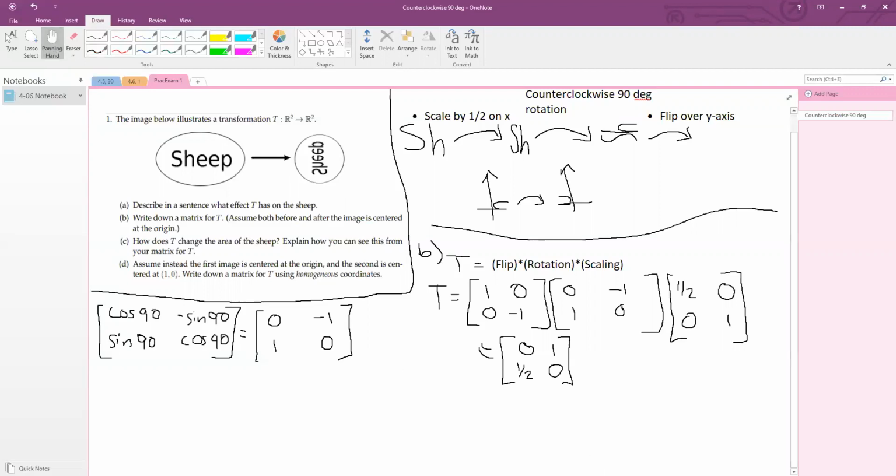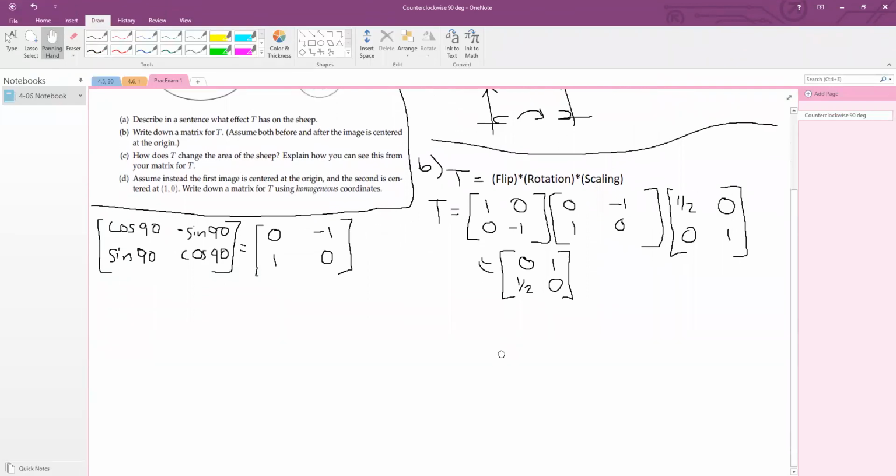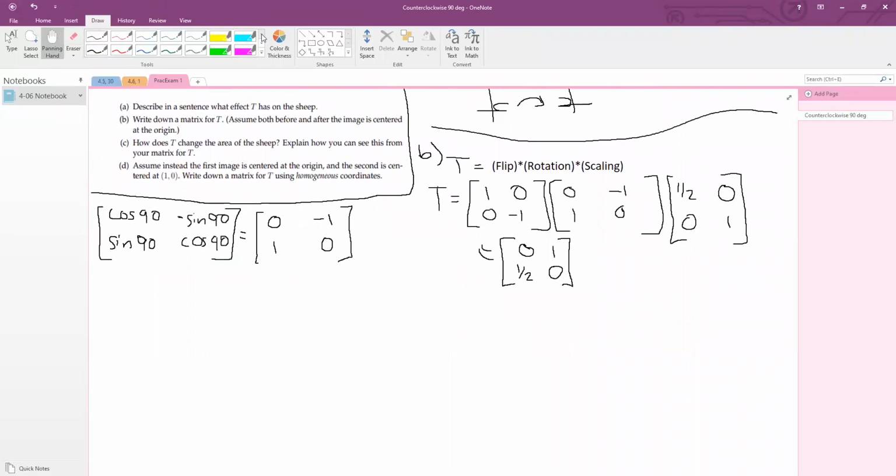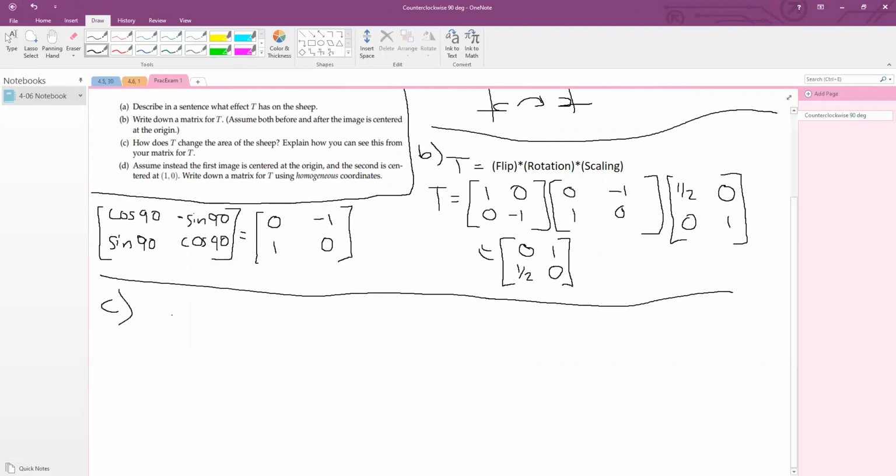Okay. Next, let's move on to part C. Part C is asking us about the area. Area should immediately make you think of determinants, because determinants are kind of this link between matrices and the geometry of area.